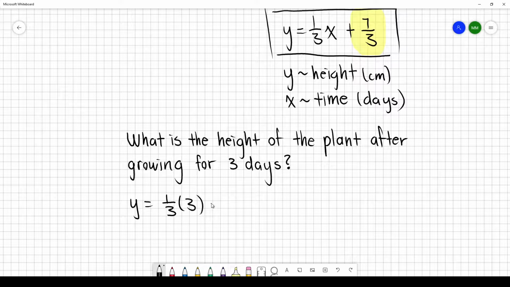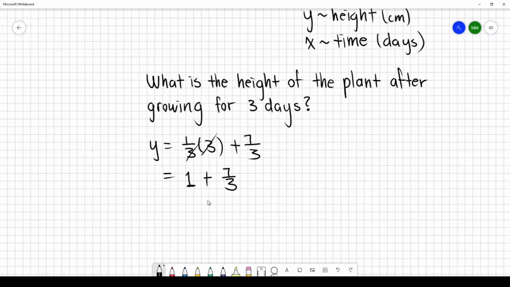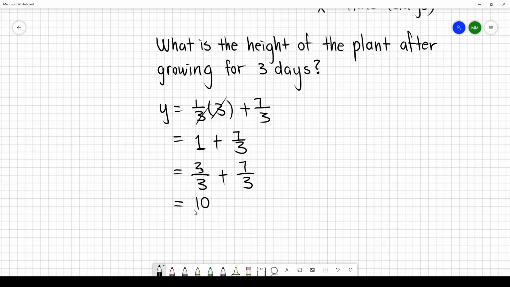Times 3 plus 7 over 3. So I cancel this out, but that doesn't mean it becomes 0. It becomes 1. So it's 1 plus 7 over 3. So to add, you need a common denominator, of course. 10 over 3 is the correct answer.